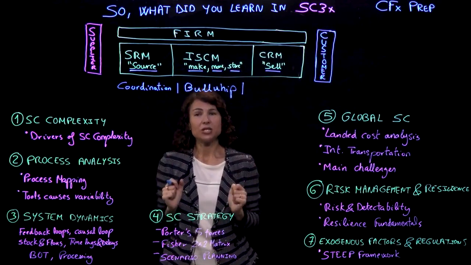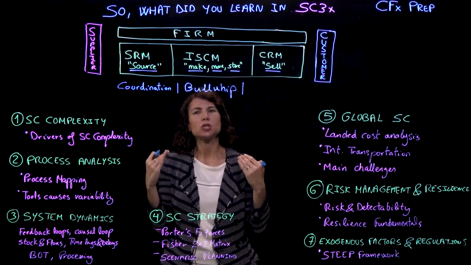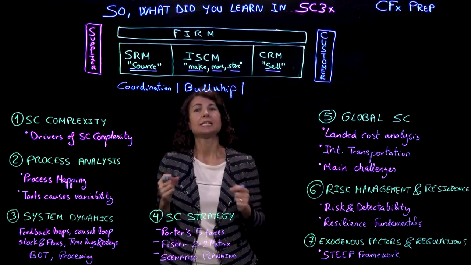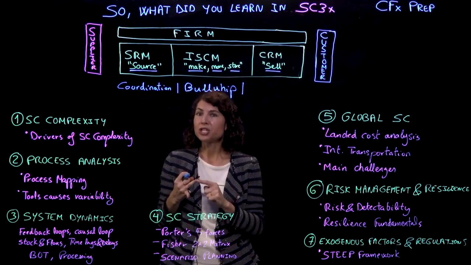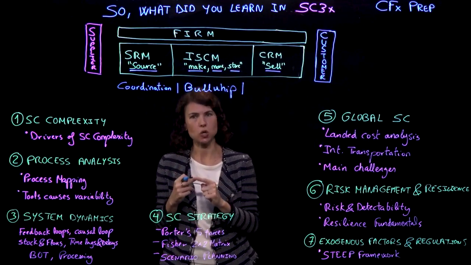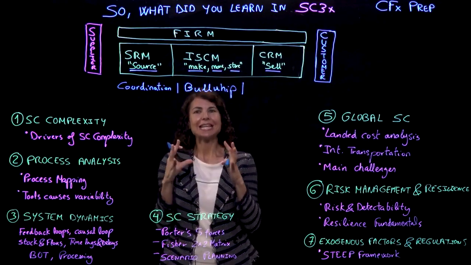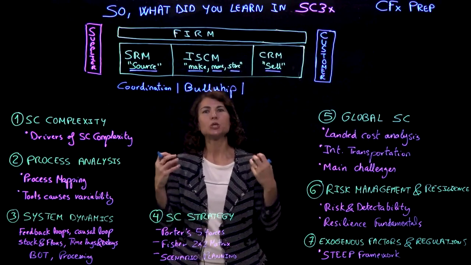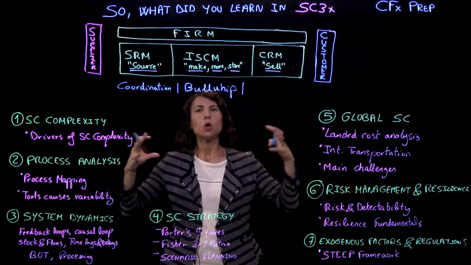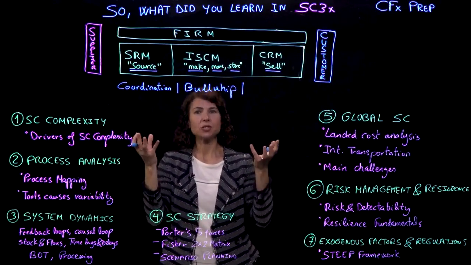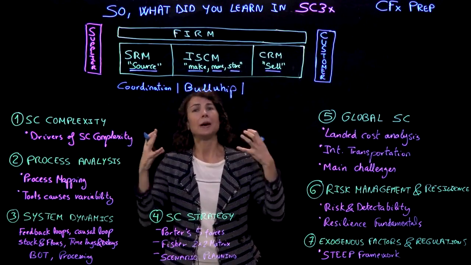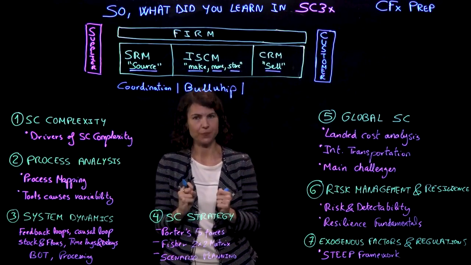And this lack of coordination increases the cost of the supply chain: the manufacturing cost, the inventory cost, and the transportation cost. So it's something that we need to keep in mind and try to manage, this coordination among the different actors and among the different functions and processes in a supply chain.